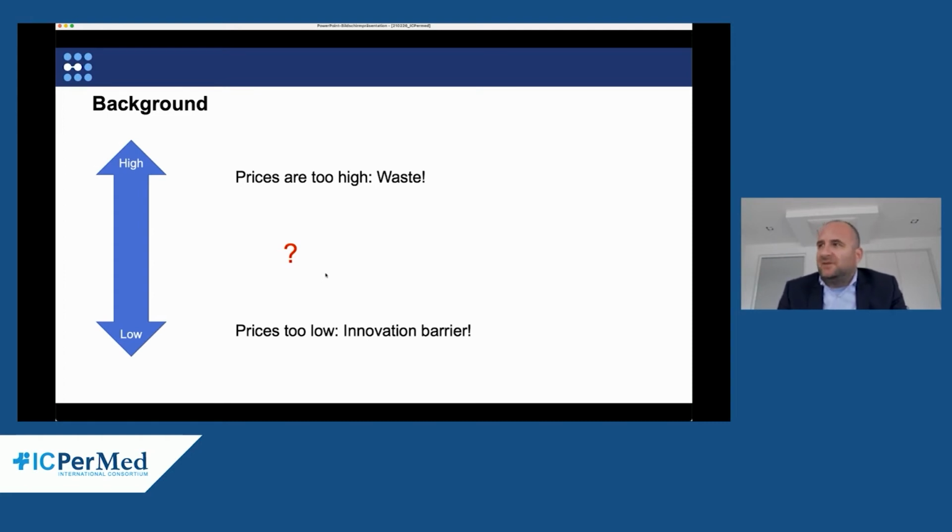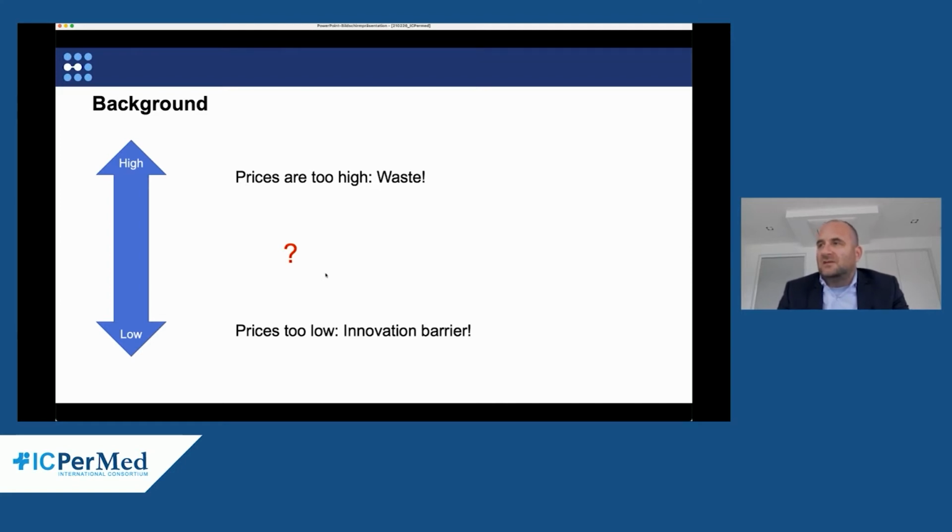But what's going to happen if we pick the wrong prices? If the prices are too high, we're wasting money. And wasting money is not just a word. We're arguing with opportunity cost here. Every time we're wasting money, we're allocating money somewhere where it doesn't help instead of putting it to another place where it actually can be of help.